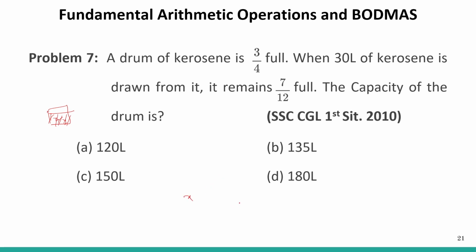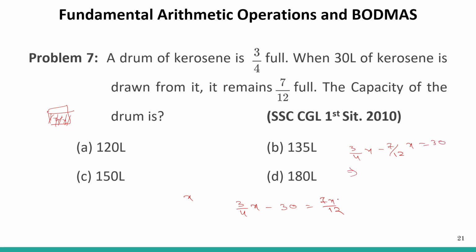So 3 by 4 x minus 30 is equal to 7x by 12. This is the algebraic equation we need to solve in order to get the full capacity of the drum, that is, in order to evaluate x. So what we are left with is 3 by 4 x minus 7 by 12 x is equal to 30.